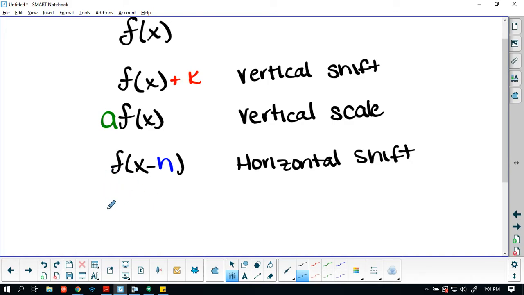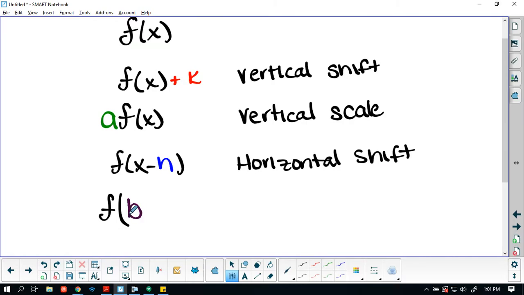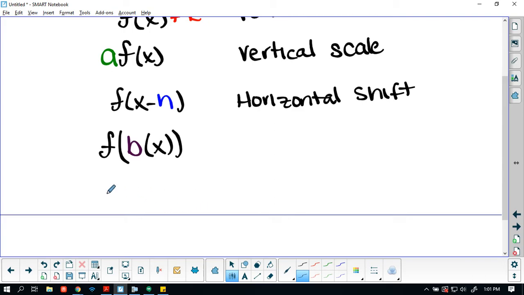All right, and let's say that we have a horizontal scale. This is going to look like f of b times x. The whole reason I put the x in the parentheses is because what you really want in a horizontal is that b to be on the outside.